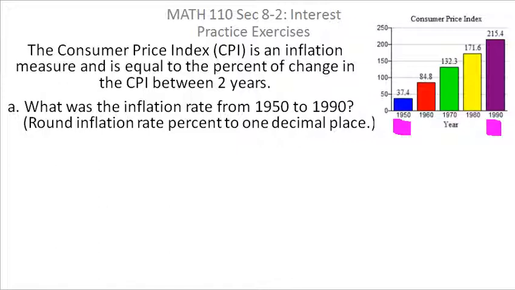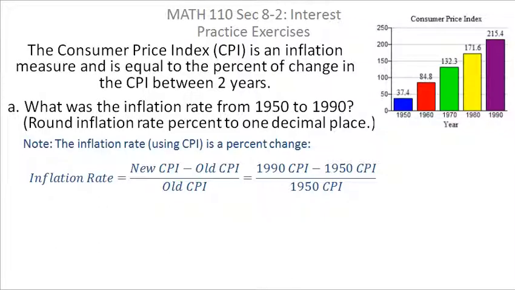As I said, they're telling us that the CPI is a percent of change. So you know, or you should know, that you're going to be using a rate of a percent of increase. In this case, it's going up, a percent of increase formula. And remember, we've covered this before.